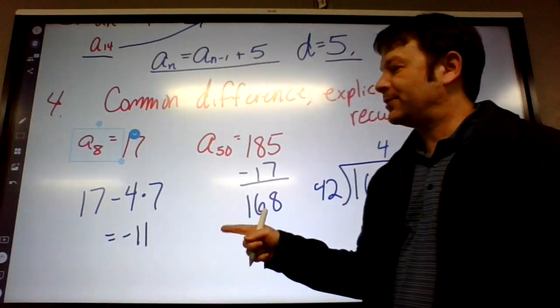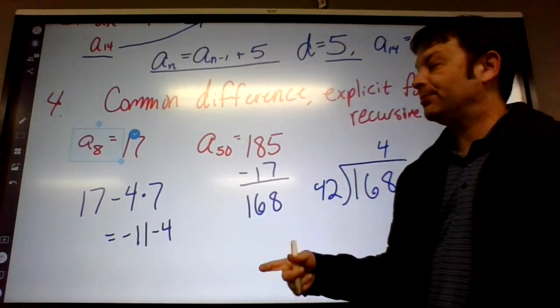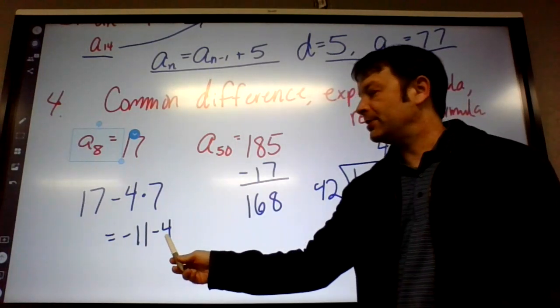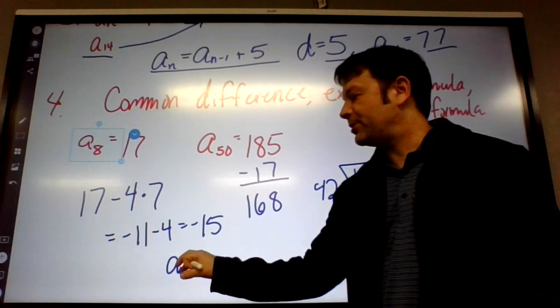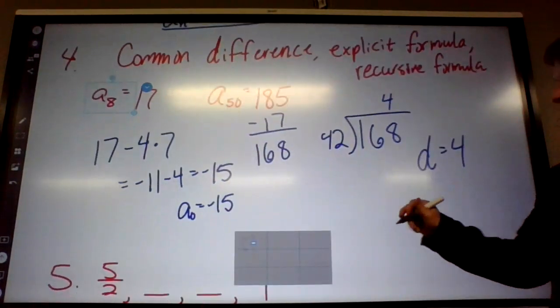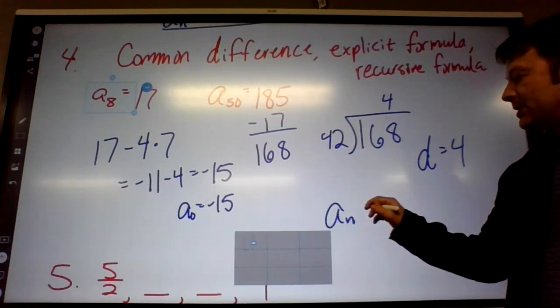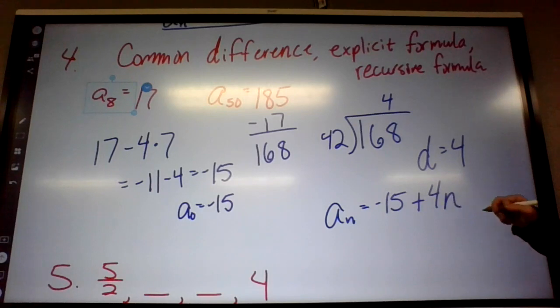The problem is that's the first term and you need to know what comes before the first term, so we need to subtract 4 one more time. So negative 15, that would be like the 0th term. What comes right before the first term? Negative 15. So the formula is negative 15 and then just add 4 over and over again.